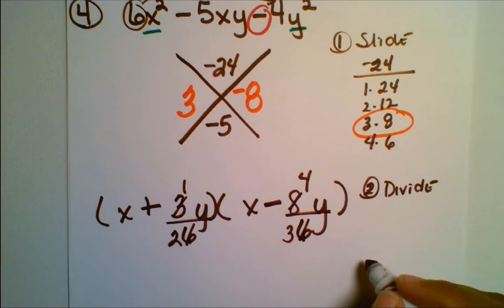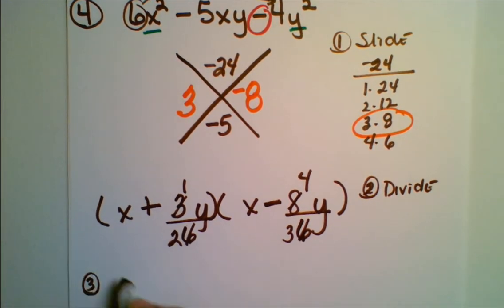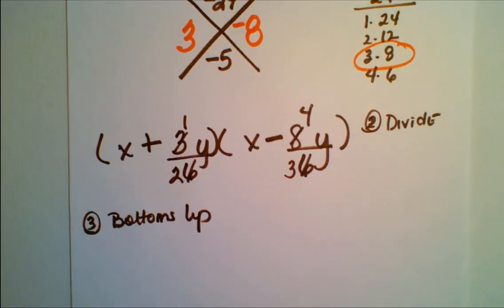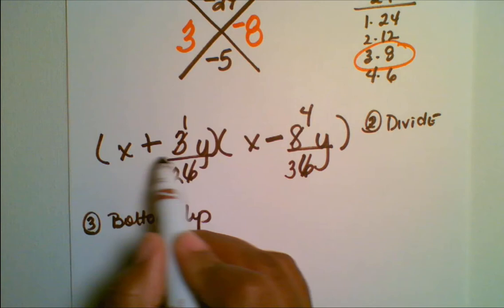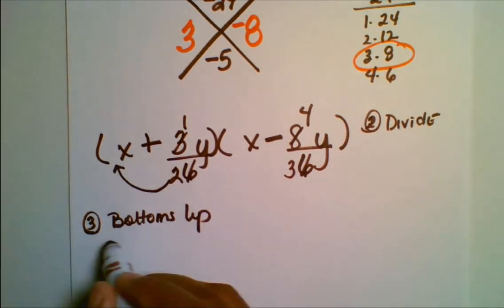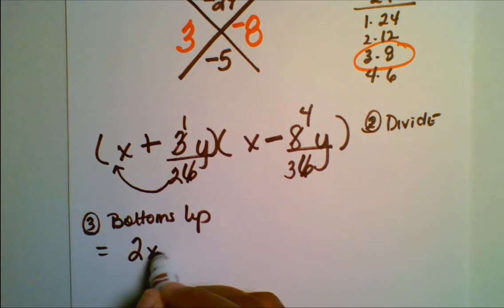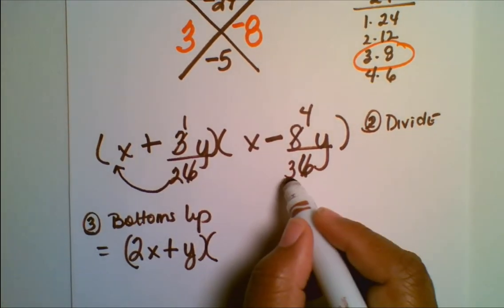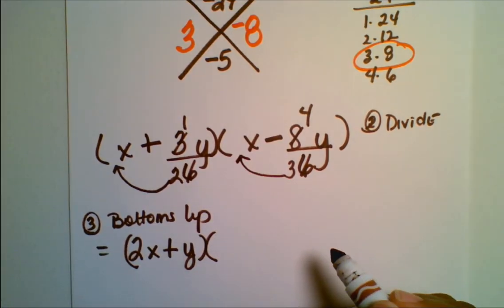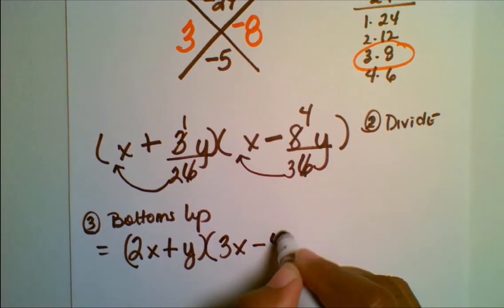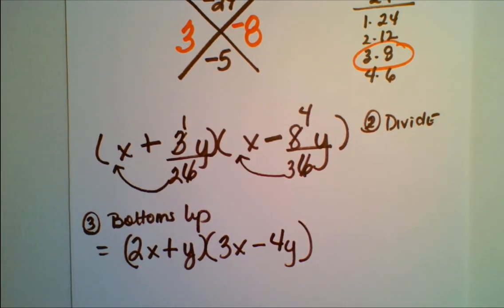And then bottoms up, where we're going to take the binomial, look at the 2 that's in the denominator and bring it up. So we have here 2x plus y, times, let's look at the next one, that's your bottoms up, 3x minus 4y. And there's our answer.